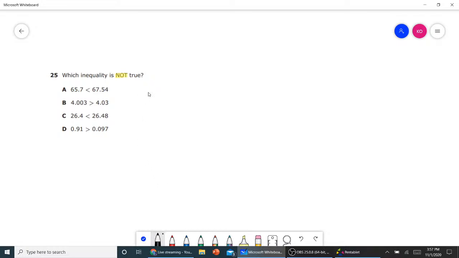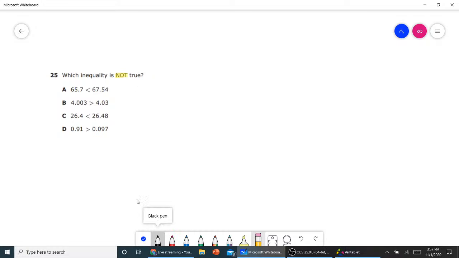So for 25, the best strategy for this is to draw a number line. Just draw a quick number line. So we have 65, 66, 67, and let's just make the 68. Before we start making number lines, actually, I completely forgot.